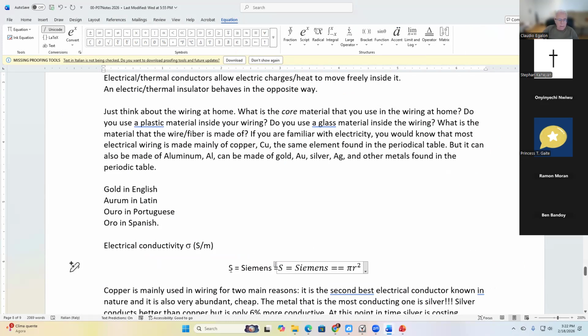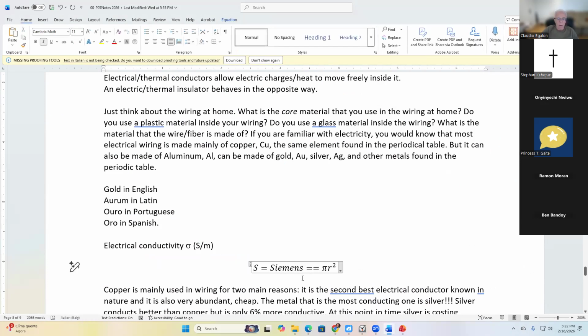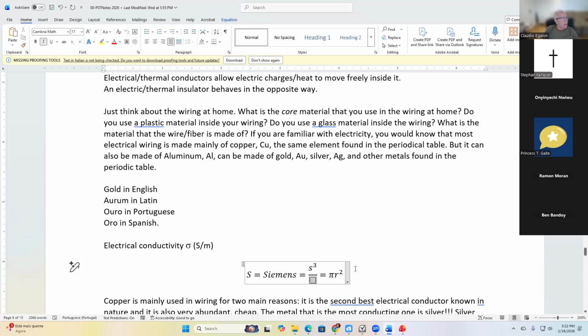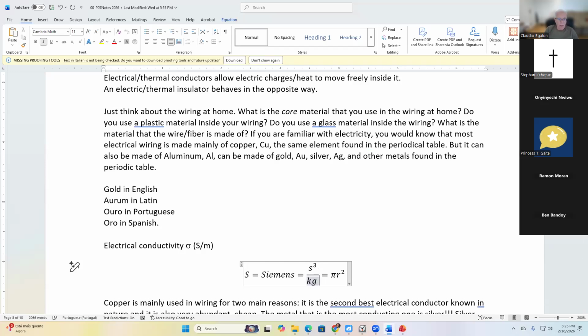Let me erase that. Right, Siemens is second to the cube, I'm just copying what I see here in Wikipedia. Kilogram, meter square. And we also have ampere, ampere to the square.